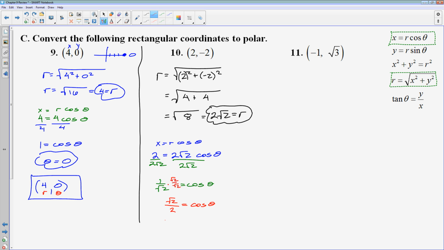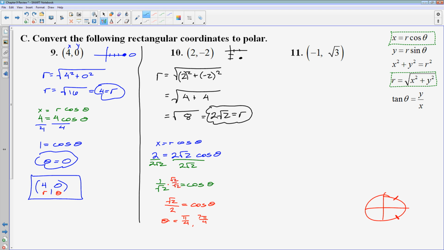That happens in 2 places. That happens at pi over 4. And if you punch this in the calculator, that's what your calculator is going to tell you. It also happens, though, if you think about cosine being positive, it happens up here. It also happens at this angle down here, which is 7 pi over 4 in the 4th quadrant. And you need to be aware of both of those, because if you were to plot the point 2, negative 2, you would go right 2, you would go down 2.